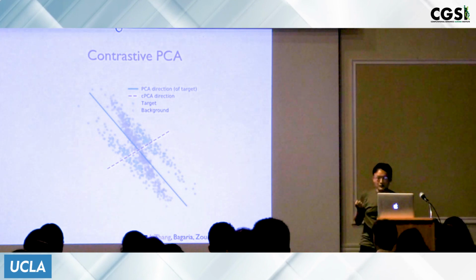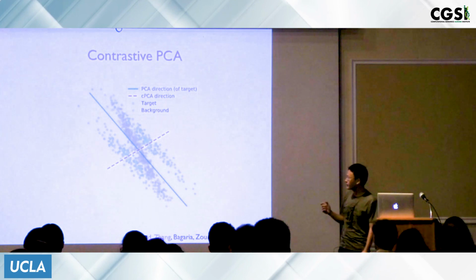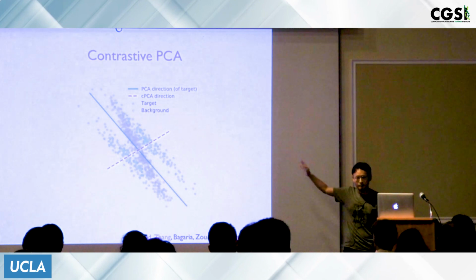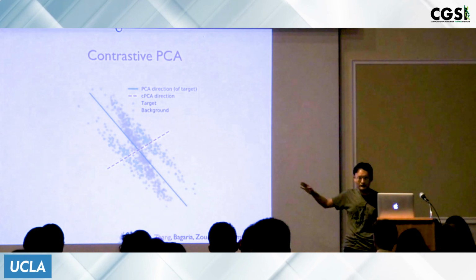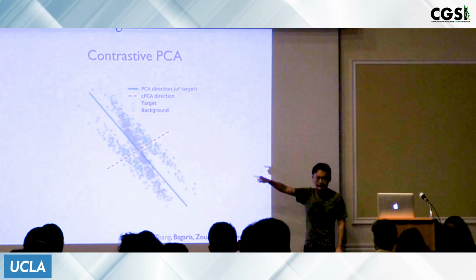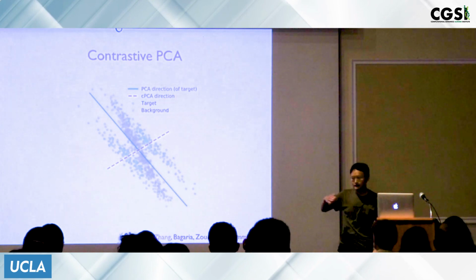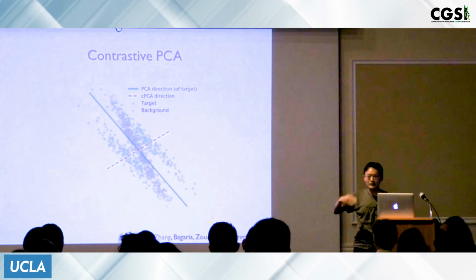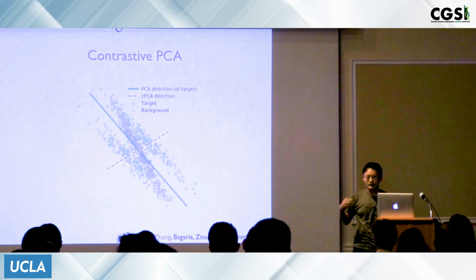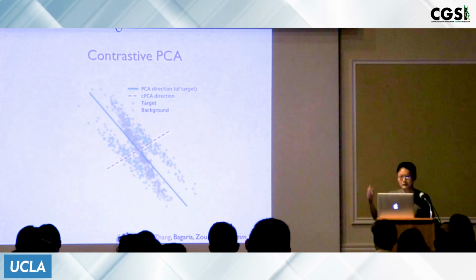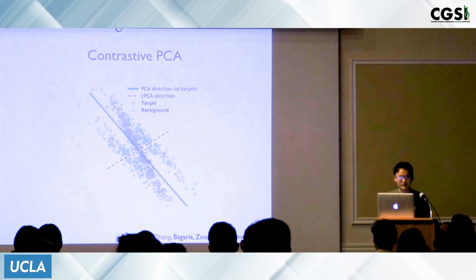So ideally, when I do the contrast, if I want to find patterns that are the most enriched in my green dots compared to my blue dots, then I want to find this red subspace. That red subspace explains a lot of the interesting variation in my foreground data that's not shared with my background data. So intuitively, whatever contrastive learning method we use, we want it to be able to find this red subspace.